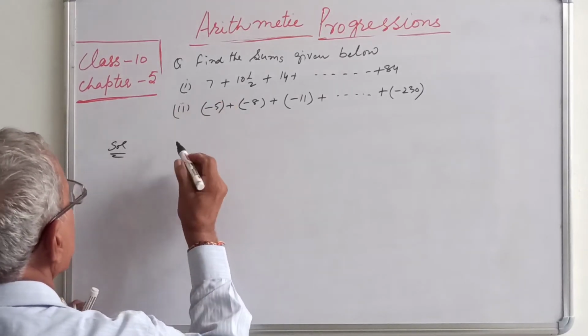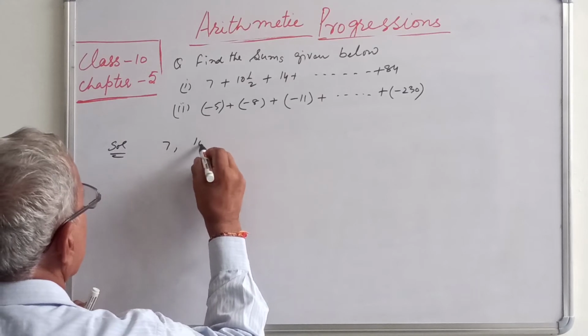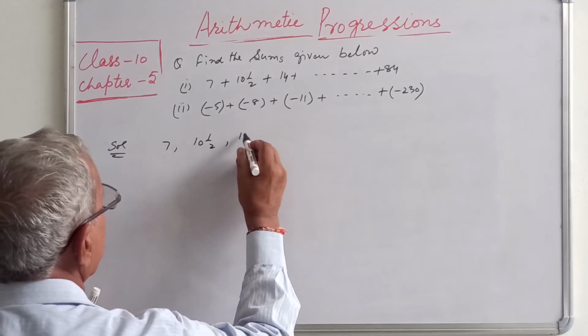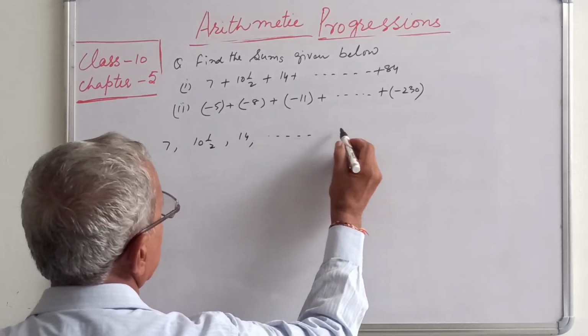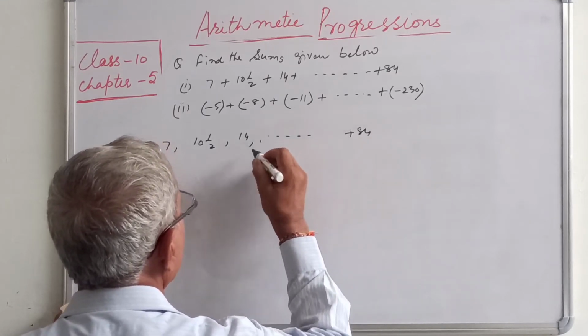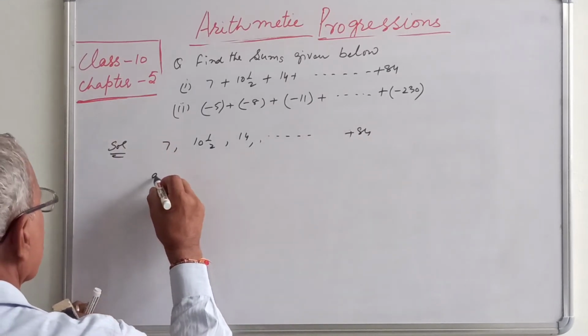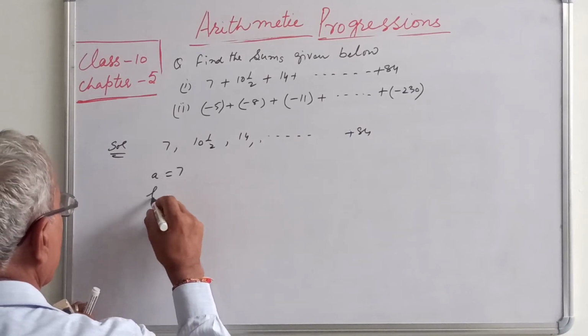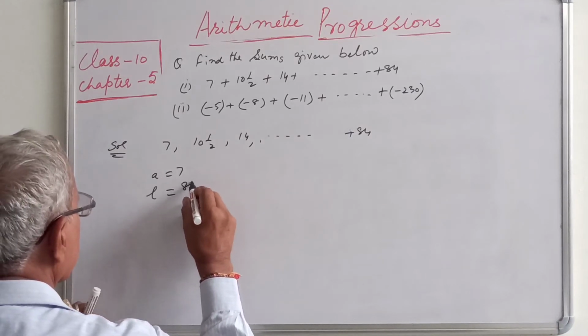So first AP is 7, 10 and 1 by 2, 14, and the last term is 84. So A here is 7 and the last term is 84.